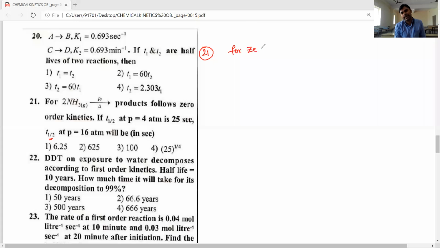For zero order kinetics, the half-life period is directly proportional to the initial concentration or pressure. According to that, first T half by second T half.